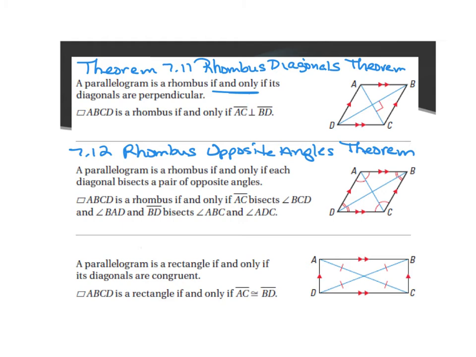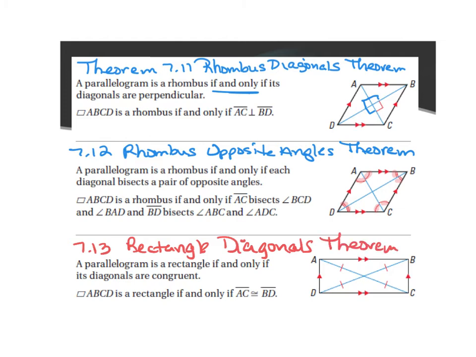So this shows you that over here, the first one, notice all of these diagonals, they form right angles here. And then here, for the opposite angles theorem, notice it's making congruent angles here because they've been bisected. And then the rectangle diagonals theorem, that's 7.13. This one tells you that the diagonals of a rectangle are congruent.